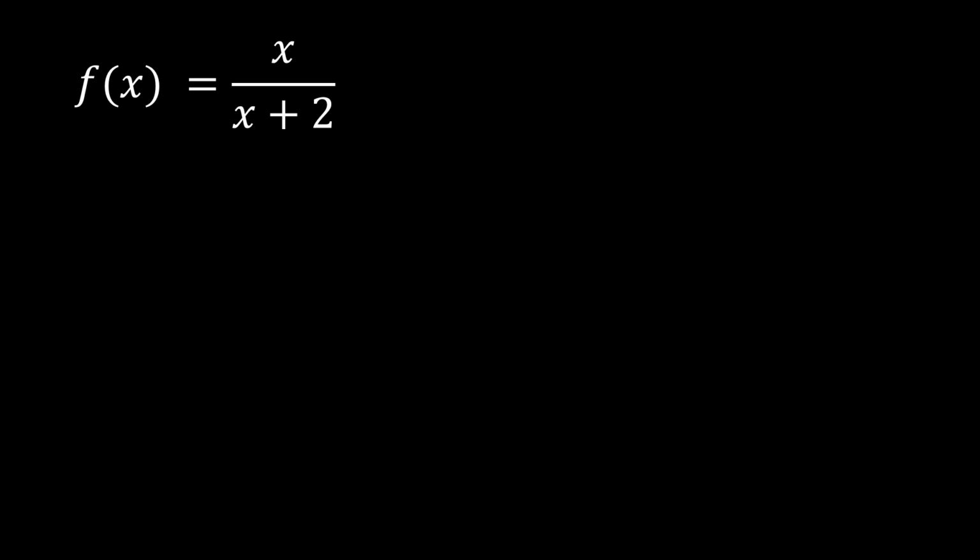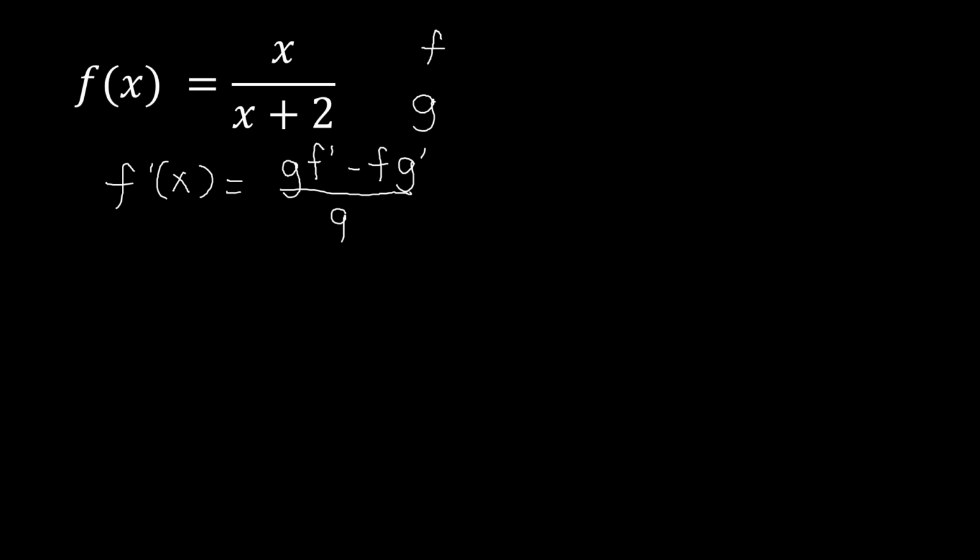The quotient rule tells us that if we have this format, we assign symbols such that we let our numerator be f, and the denominator be g. Then we follow this format for finding the derivative: we call out our denominator g and multiply it with the derivative of f, minus f times the derivative of the denominator g, over g squared.